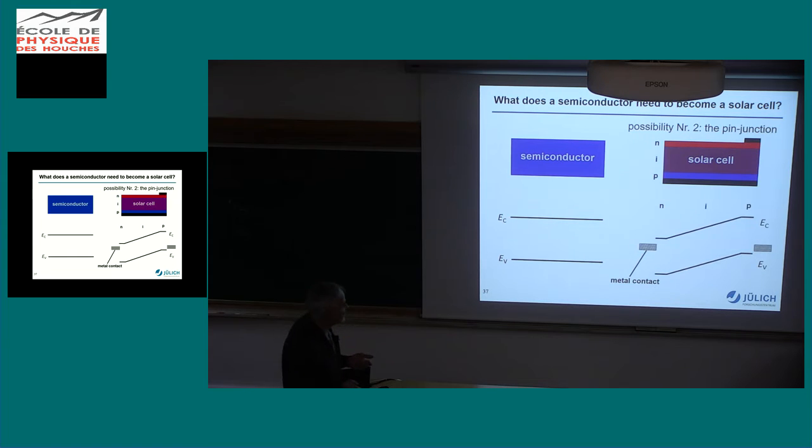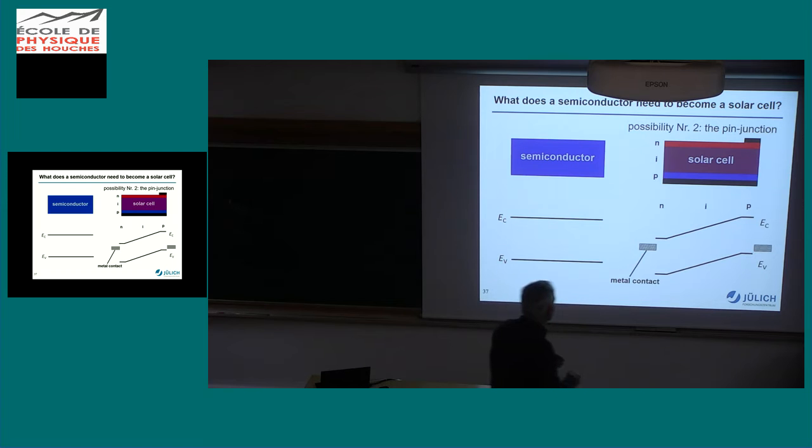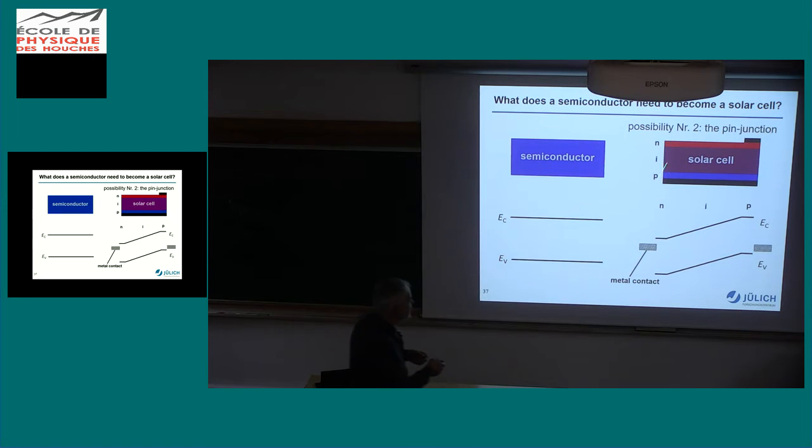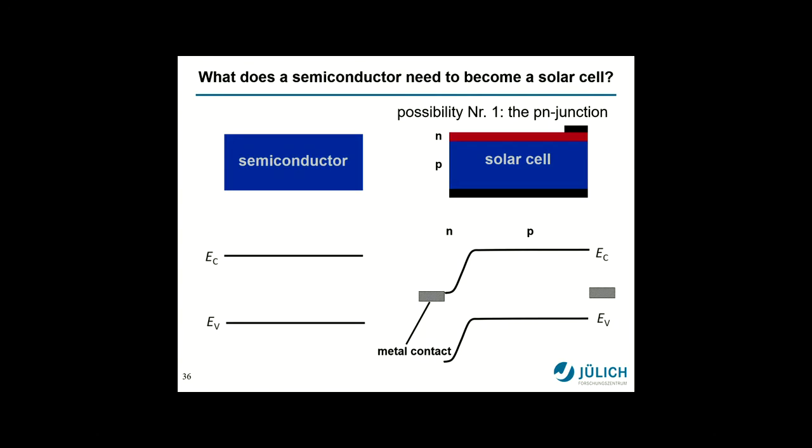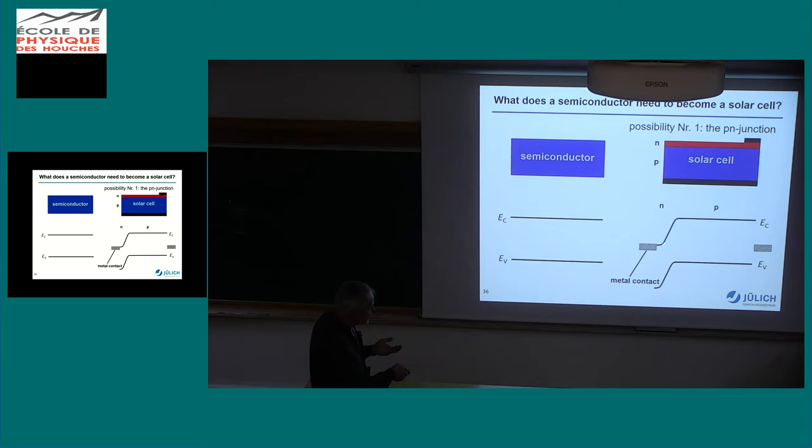There are other possibilities, not having only N material and P material, but the idea of having a PIN or NIP structure, which is essentially not so different from that one. The only thing is that this region, which is denoted the space charge region, now gets stretched essentially over the entire device. And how can you achieve that?